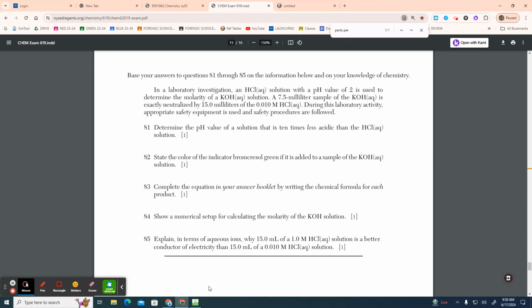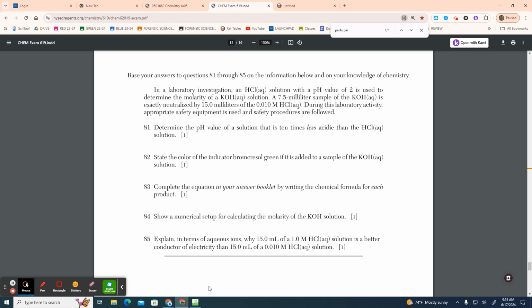The 15 milliliters doesn't matter, it's the same. Why is 1 molar better than 0.01 molar? Because more HCl. What does it say in terms of aqueous ions? There are more aqueous ions in which one? The 1 molar.